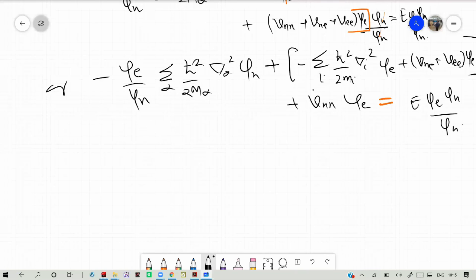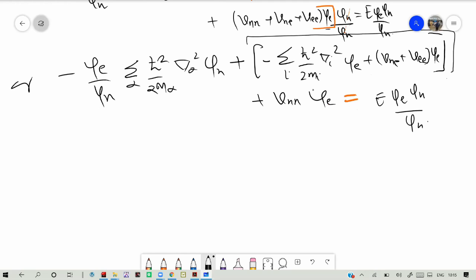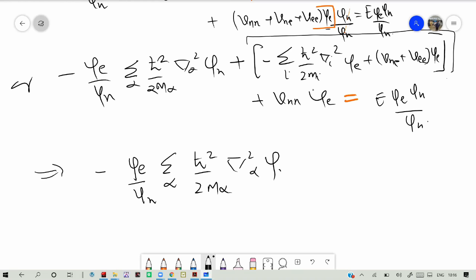Now, this part is equal to E dash psi E here.